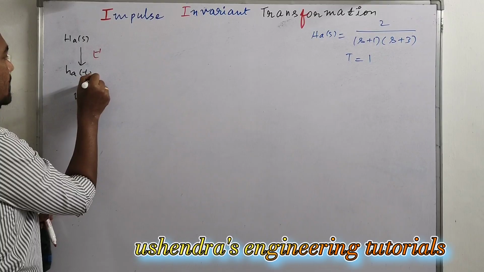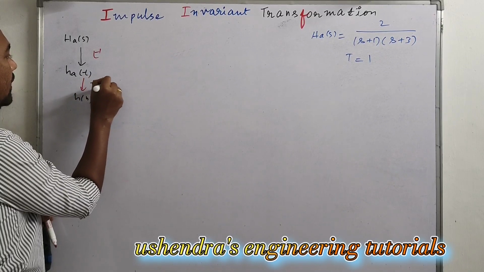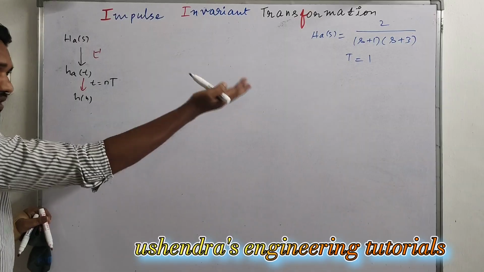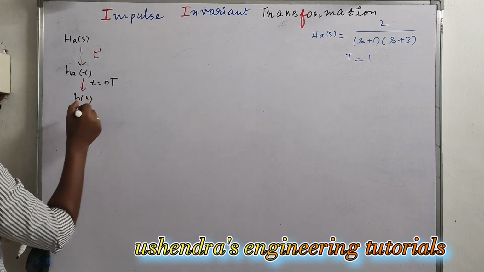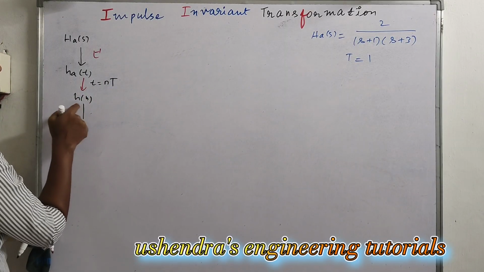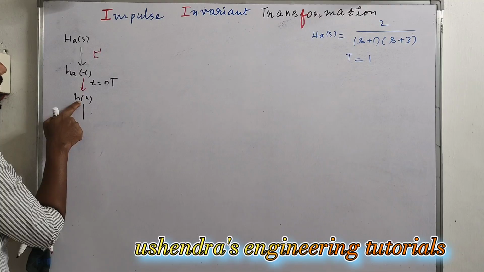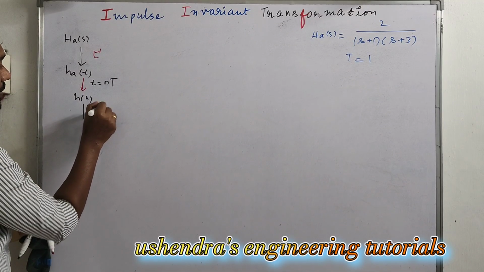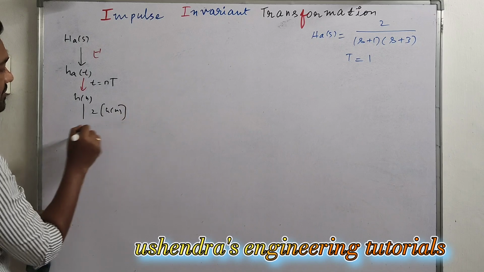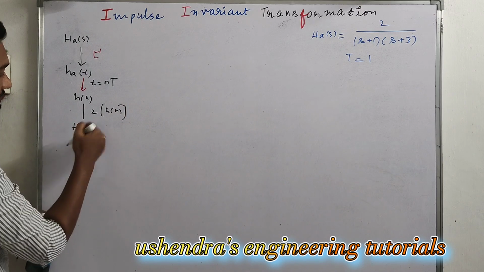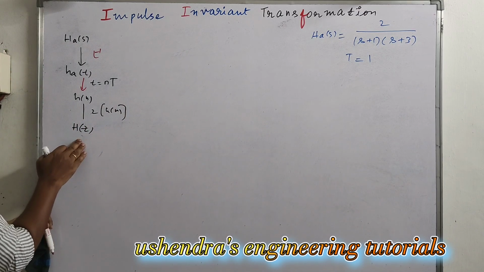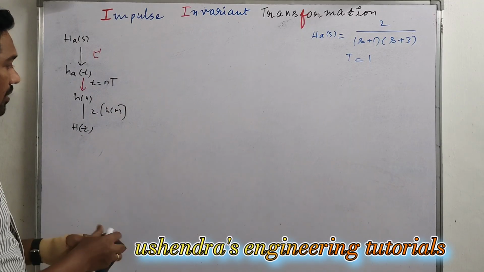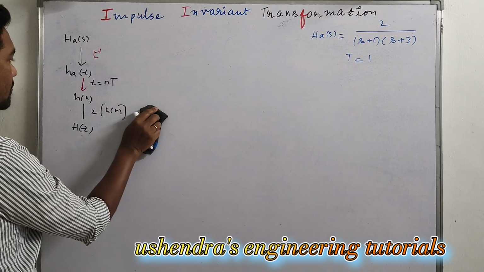How is this done? Subjecting t equal to nT at equal intervals, where T may be anything, 1, 0.5 seconds, etc. And finally, subjecting this h(n) to the Z transform will give us H(z), that digital filter which we are in search of. These are the steps to be followed during this impulse invariant transformation.